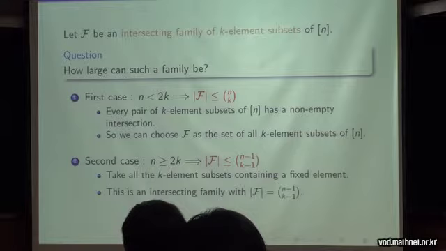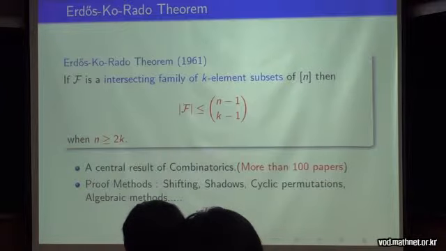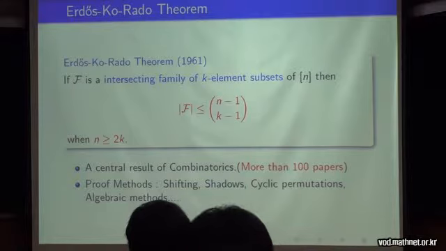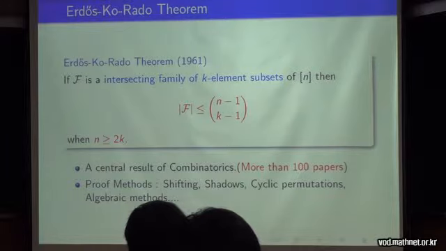That is intersecting, with size n minus 1 choose k minus 1. So this theorem about the maximum size of a k-uniform intersecting family is very famous and well known. This theorem is called the Erdős–Ko–Rado theorem.